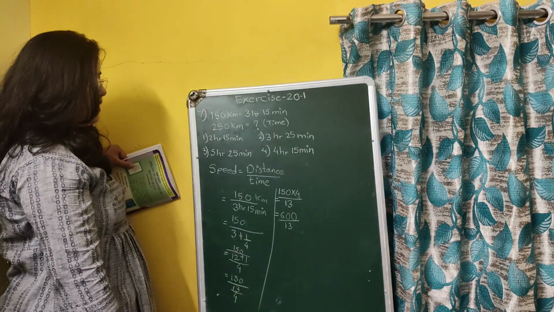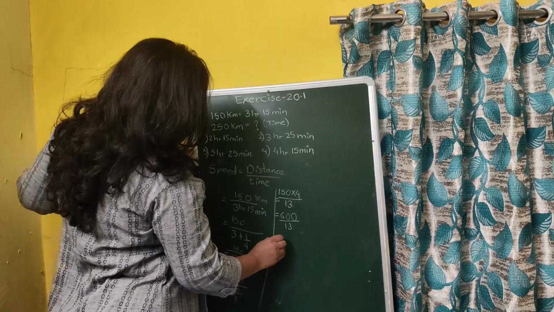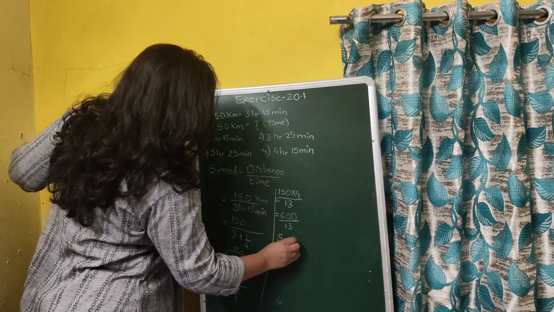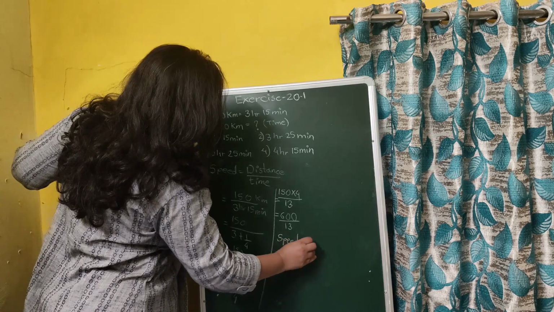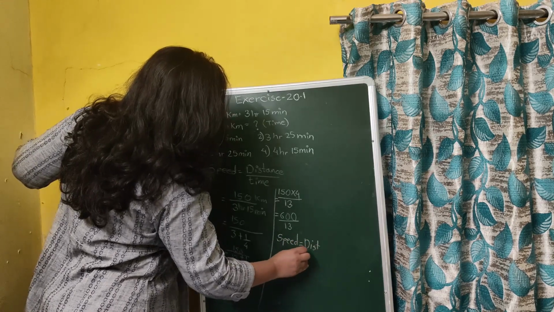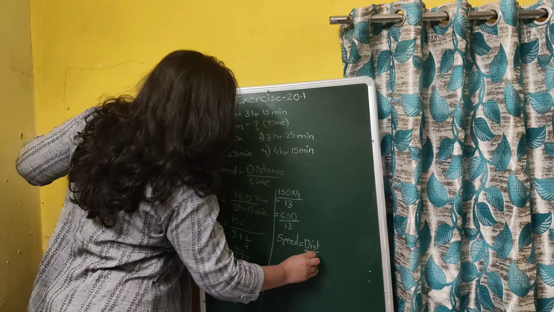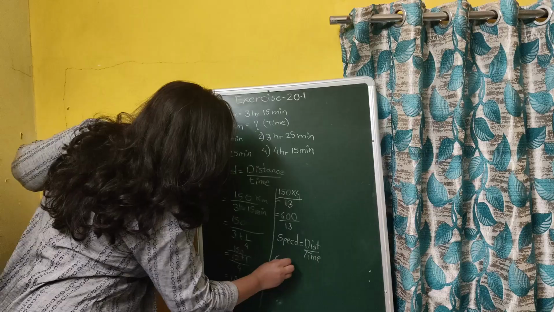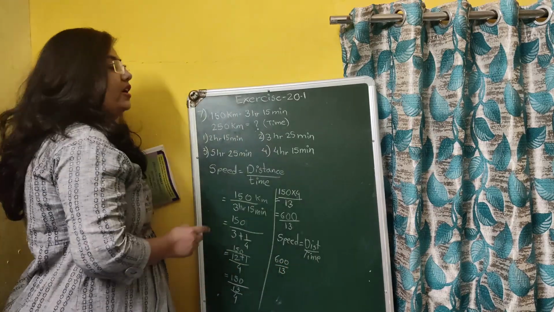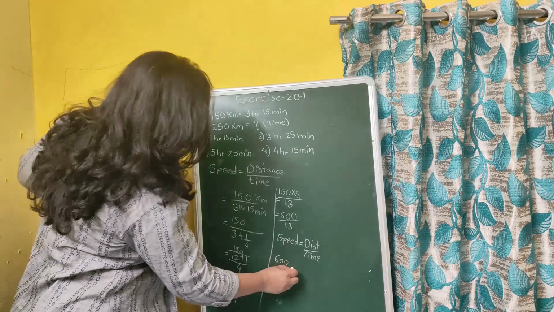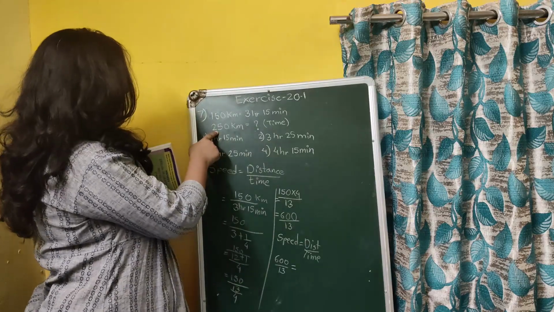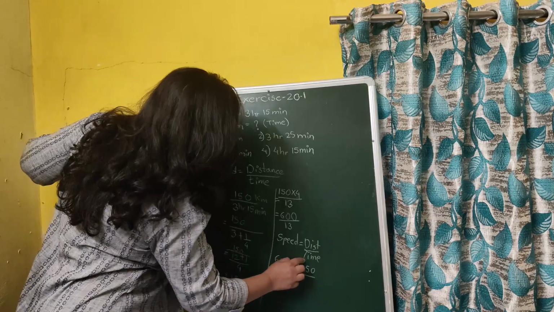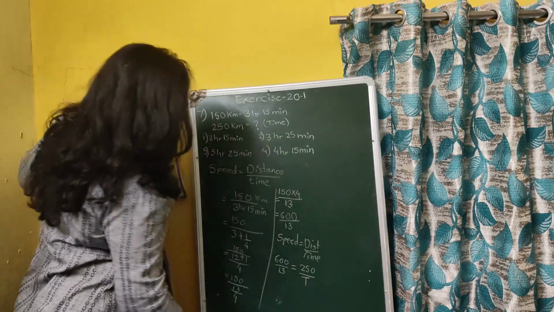Now our next thing, how we are going to solve it: our formula is speed is equal to distance upon time. Here we got the speed, it is 600 upon 13. We already know कि speed change नहीं करना है. And then distance कितना है? New distance is 250 upon time, तो ढूंढना है, so it will be as it is, t.